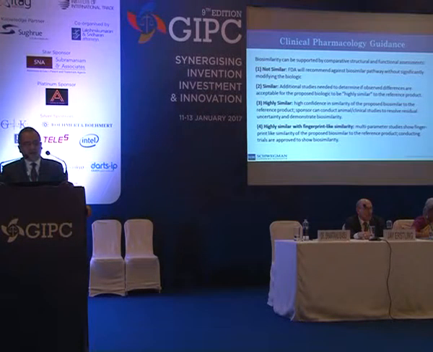Highly similar means all the data makes for a high level of confidence in approving that drug as a replacement biologic, and any uncertainty can be removed with additional studies, but you almost start off with the assumption that it could be replacing.